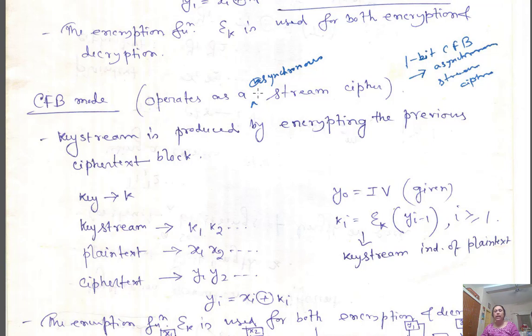So that is why it is asynchronous. It also uses an initial vector, IV, which is given, say y0, and then you encrypt y0, you get k1, encrypt y1 like that. Y(i-1) you encrypt, you get ki.